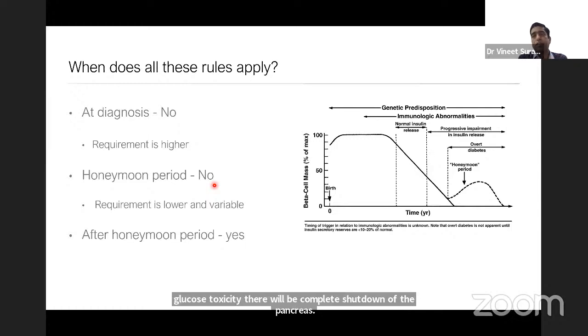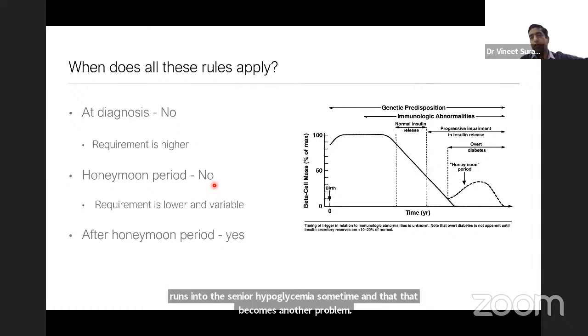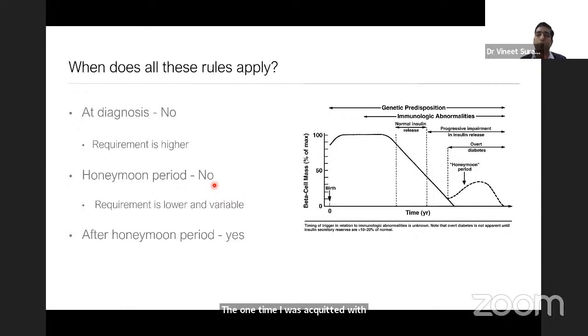Once we bring them out of the DKA, some amount of insulin secretion starts happening, and with the same dose you were giving, there will be better control. And if you keep increasing the dose, then the child sometimes ends up in severe hypoglycemia, and that becomes another problem. One time I was admitted with DKA, and the next time I'm admitted with severe hypoglycemia. This is something which we should avoid.